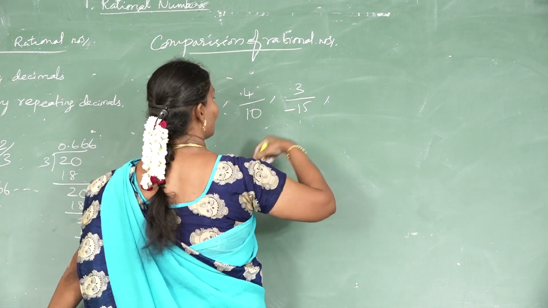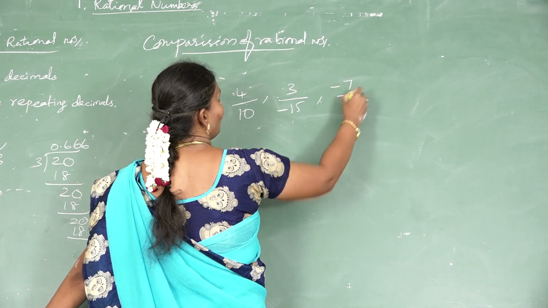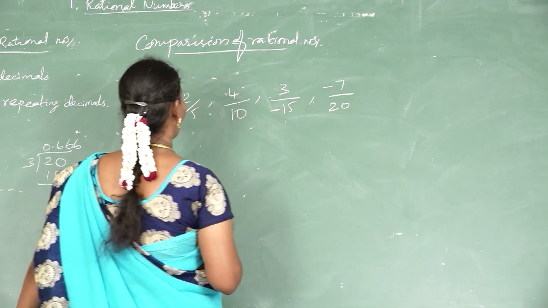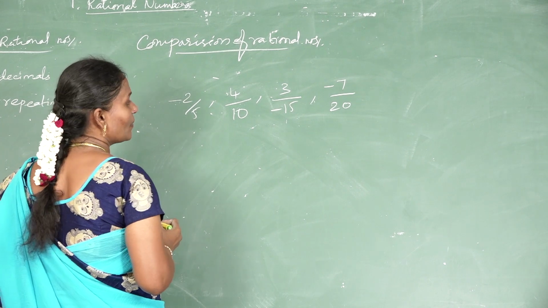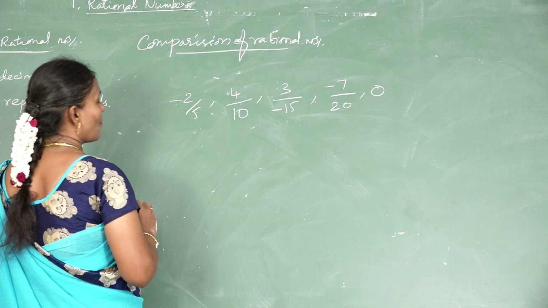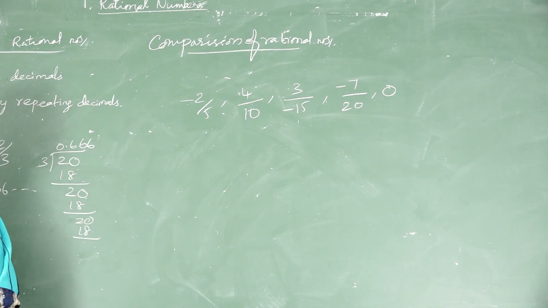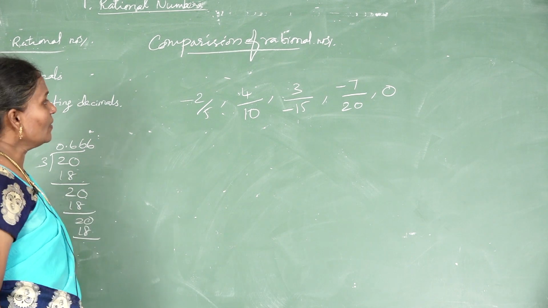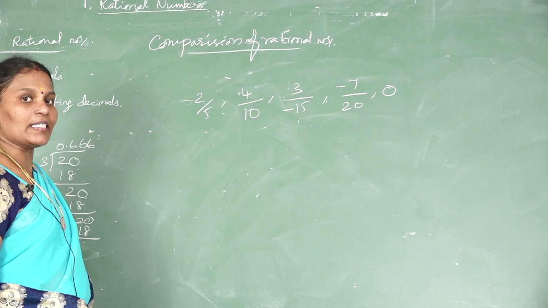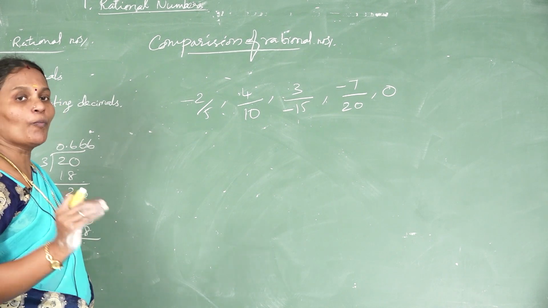Next, minus 7 by 20. Then 0. You see these numbers? Some numbers are given here. You have to write them in ascending order. You already know ascending means you write small to big.